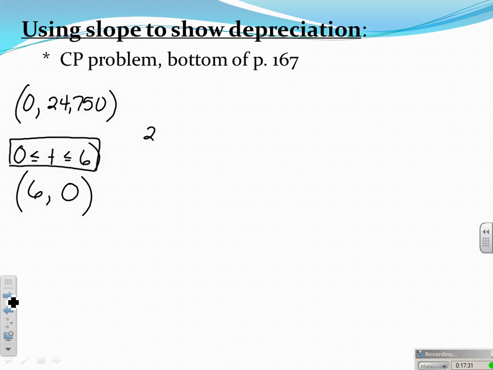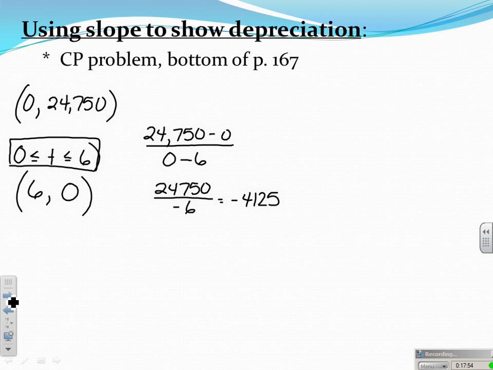So my rise over my run, I get 24,750 on top over -6 here. If I reduce that, I get -4125. So that tells us how much money it's going to lose every year.